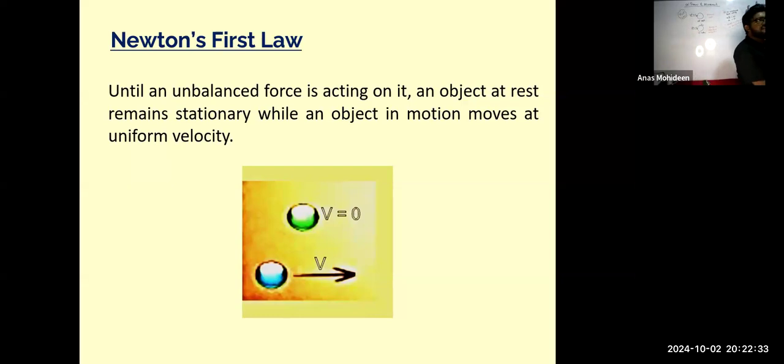By the way you are writing, take the words. That's very easy to remember as well. Until an unbalanced force is acting, an object at rest remains at rest. An object in motion moves at the same velocity, same speed. Write it down. Easy, you can remember.